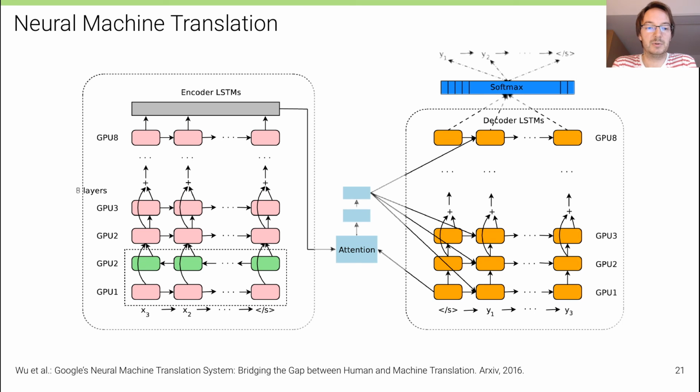This is an example of neural machine translation. This is a Google system that has made a big leap at the time in 2016 in improving the internal representation for machine translation that Google is using and offering to its users. You can see that there is an encoder.